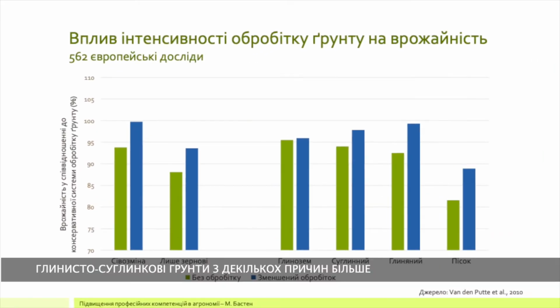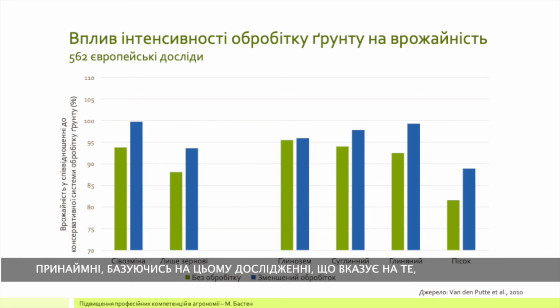Of course, the loamy and clay loam soils are more suitable for low tillage for a couple of reasons. So in this respect, most of the areas in Ukraine seem to be quite suitable for this type of cultivation, but it's also not a given that with reduced tillage the same yield can be achieved compared to conventional tillage.